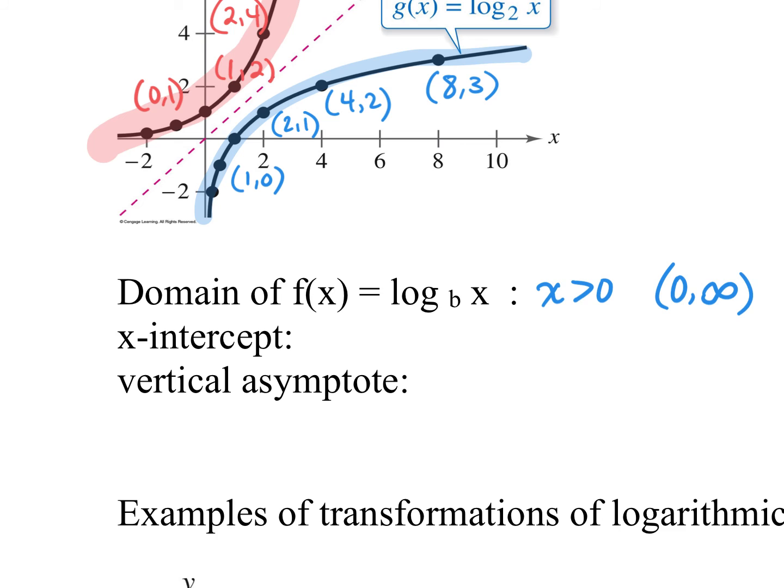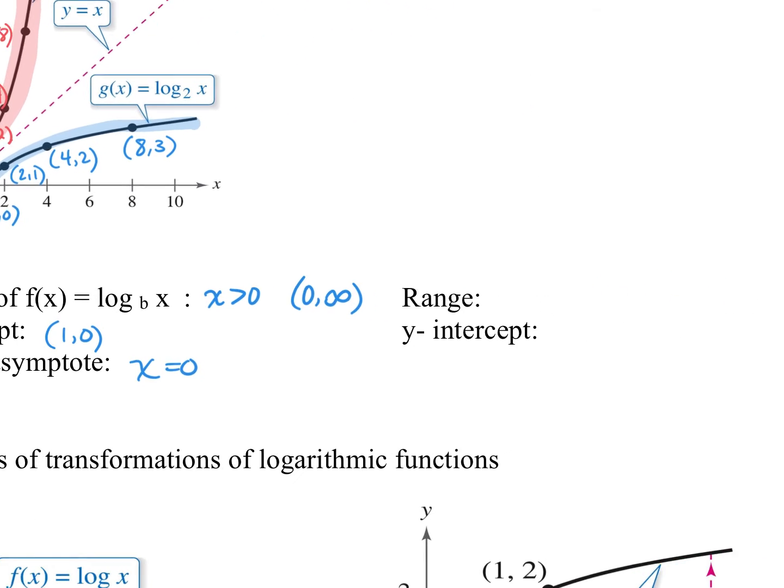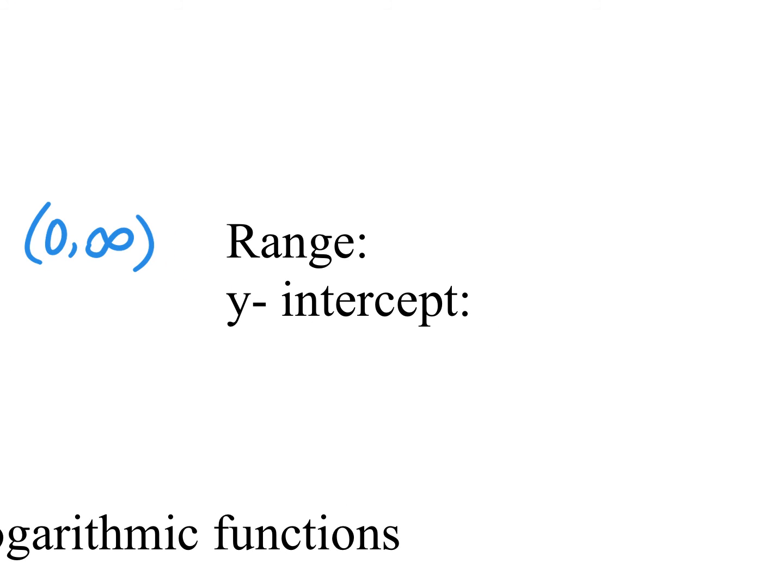It will have an x-intercept at the point 1, 0, and there will be a vertical asymptote at x equals 0. The range of this function will be all real numbers, in other words, negative infinity to infinity, and there will not be a y-intercept because there is that vertical asymptote on the y-axis.